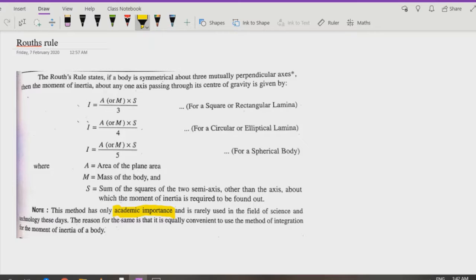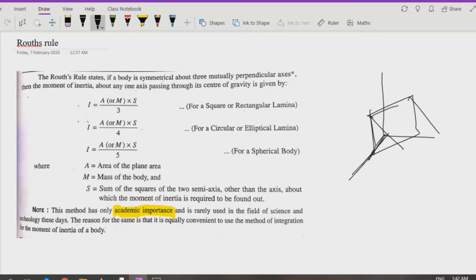Definitely this rule depends upon conditions. The first condition is that we should have a solid body, means three mutually perpendicular axes are in action, and even this particular body should be symmetrical in all three axes as written here.